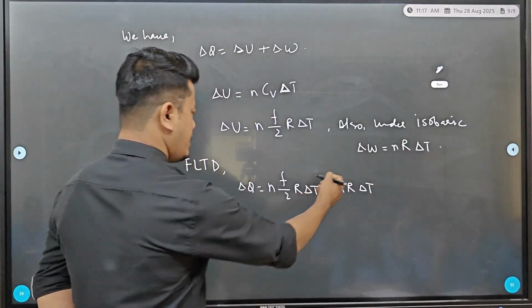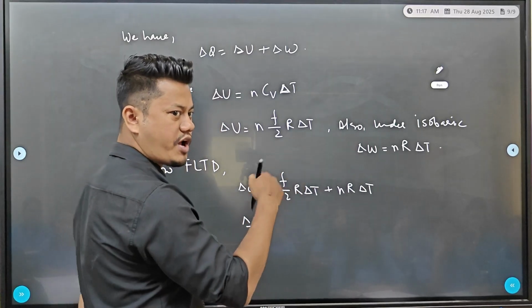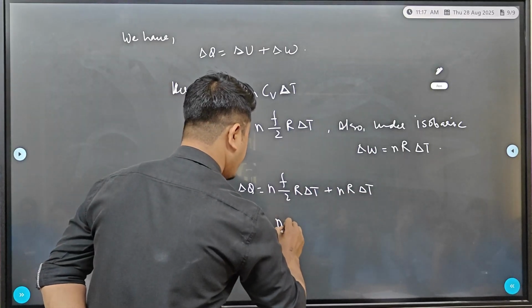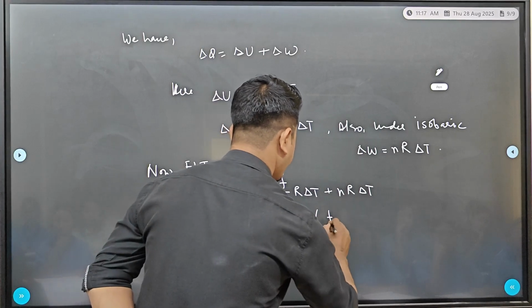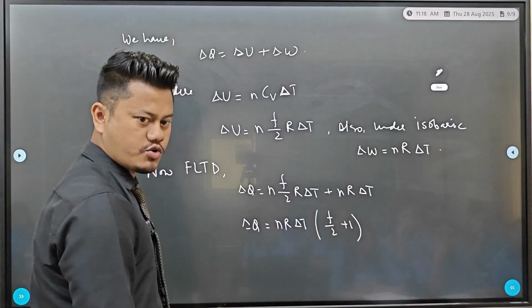Got it? Can I write like this or not? Please keep your eye on the board at first. n into R del T, nR del T. I can take nR del T as common. Then will I be getting F by 2 plus 1? Yes or no?